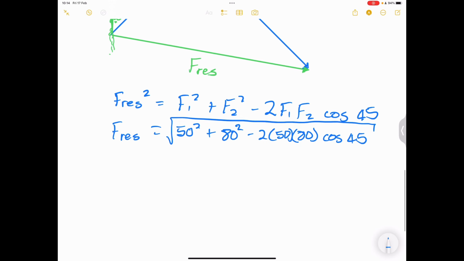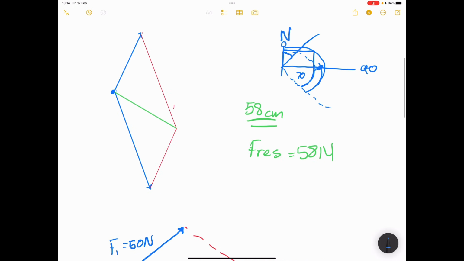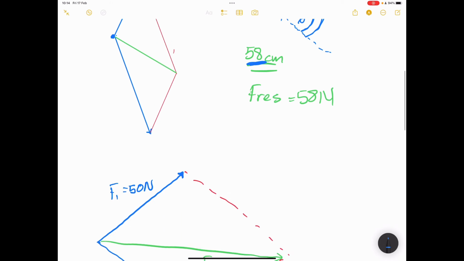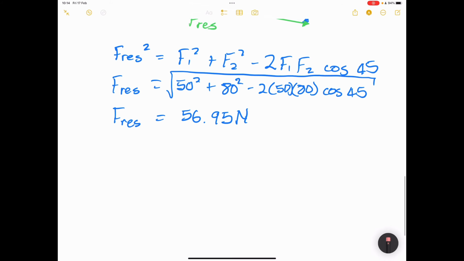So that's 56.95 newtons as our resultant. I'm sure you can see how these are incredibly close. Remember, we got about 58 centimeters there, and by the way, our accuracy was really poor. I got about 58 and we got close to 57, so it tells us we are not too far off.